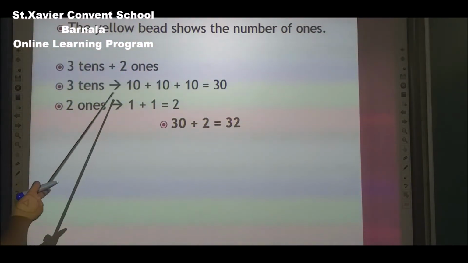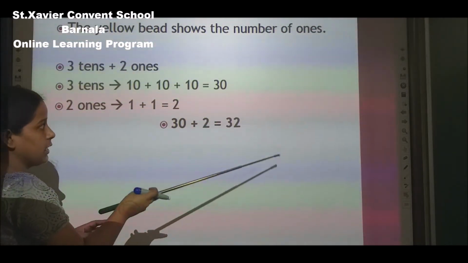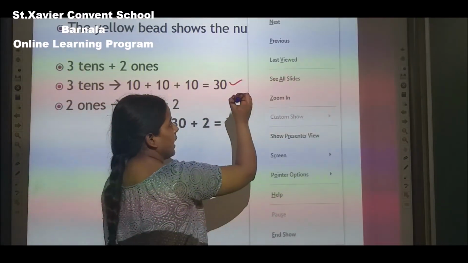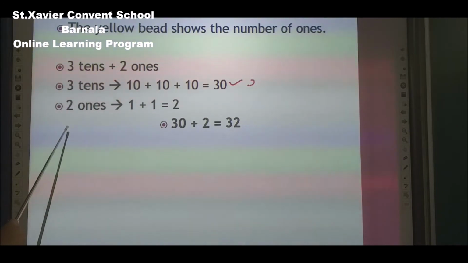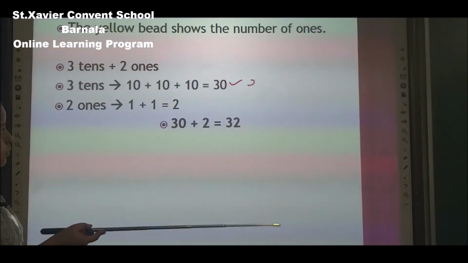3 tens is equal to 10 plus 10 plus 10 is equal to 30. We can also say that 3 red beads at the tens place is equal to 30. And 2 ones is equal to 1 plus 1 is equal to 2.